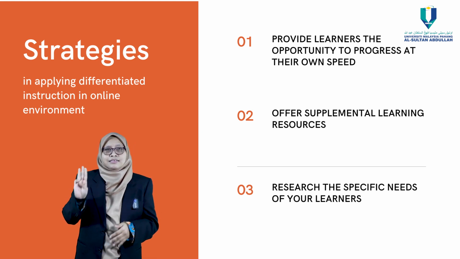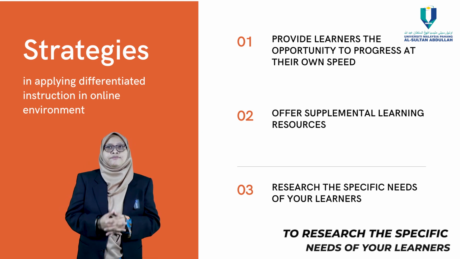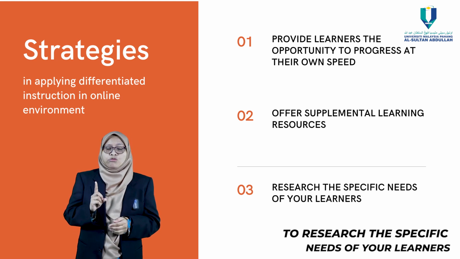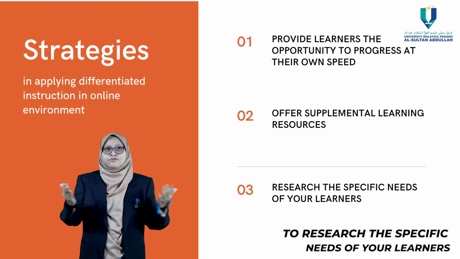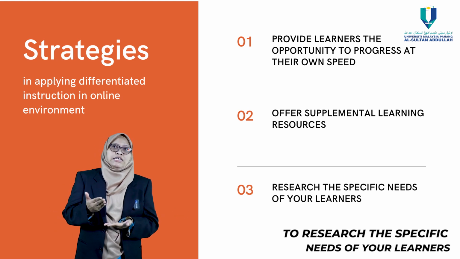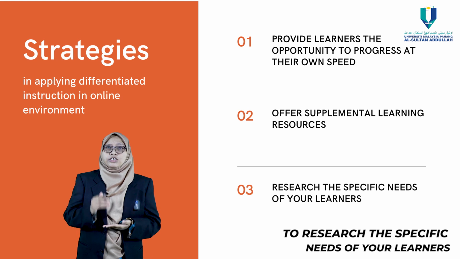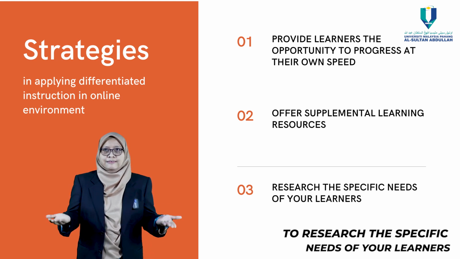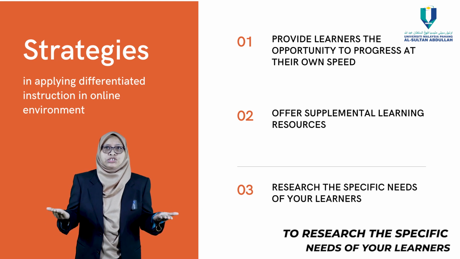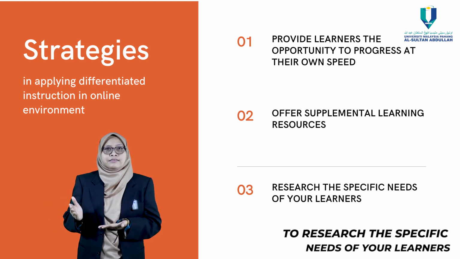The third strategy is to research the specific needs of your learners. This is, without a doubt, one of the most crucial elements of a successful differentiated online strategy. Before you can cater to the individual needs of your learner, you have to know what those needs are. You have to know what they need and what they hope to achieve by the time they have completed the course.